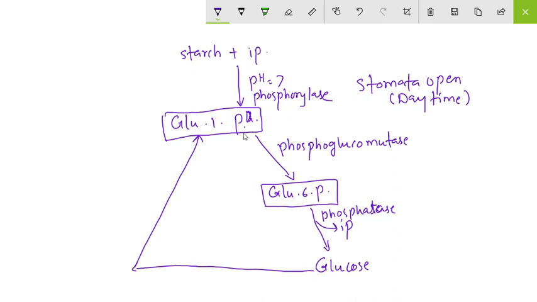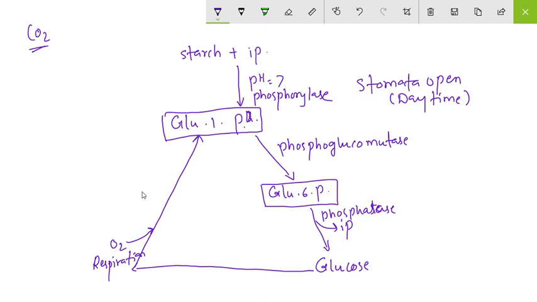So there is an accumulation of CO2 in the guard cells. During respiration the CO2 is released, and that CO2 is not utilized in photosynthesis, while O2 is utilized in the process of respiration.